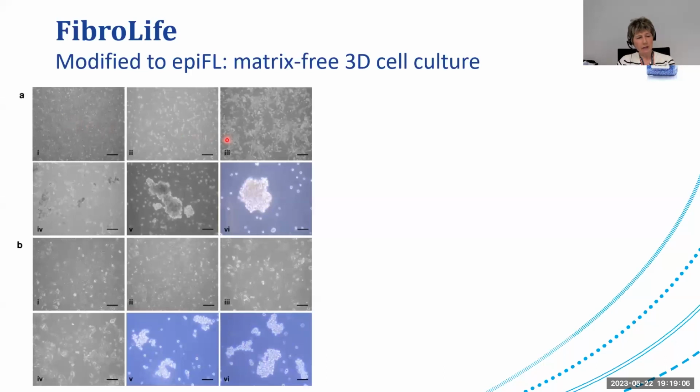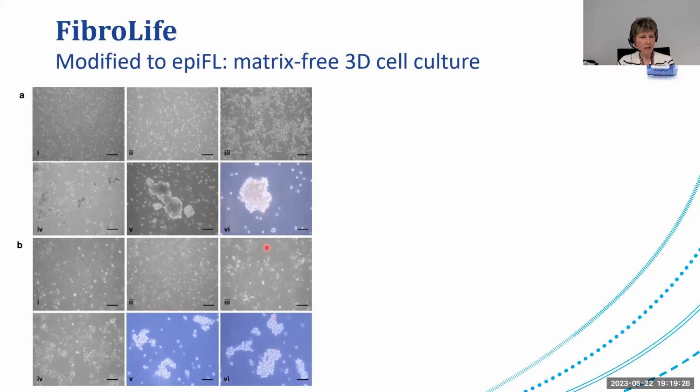Over time, and this process happens fairly quickly with a gradual introduction right up to 100% Epifiber Life, the cells start to grow in these 3D clusters, quite naturally within the cell culture flasks, in the absence of any matrix support.